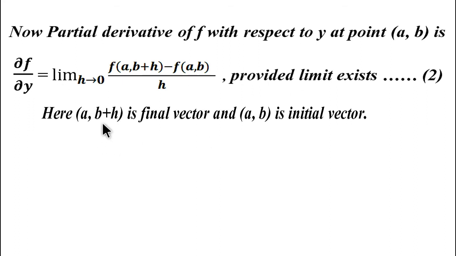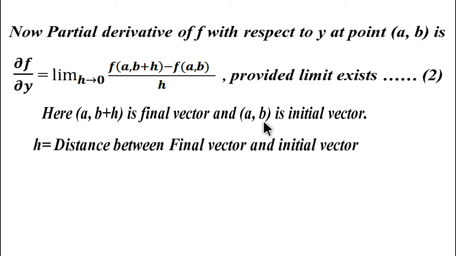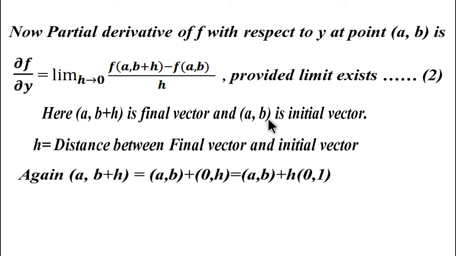Here (a, b + h) is the final vector and (a, b) is the initial vector, and again h is the distance between the initial and final vector. Again we can write (a, b + h) as (a, b) plus (0, h). After that we take h common from this vector and we get h(0, 1).